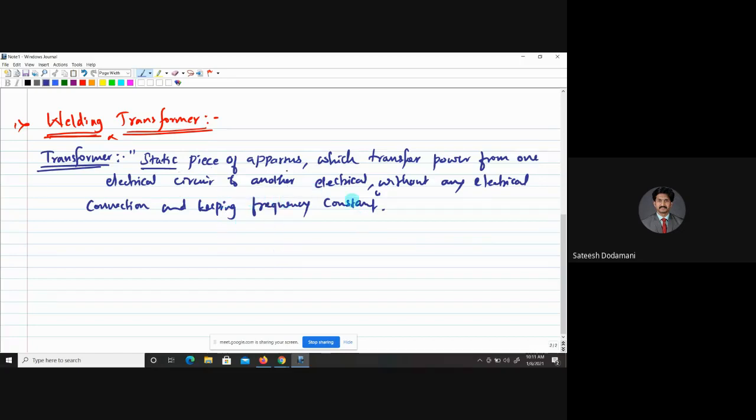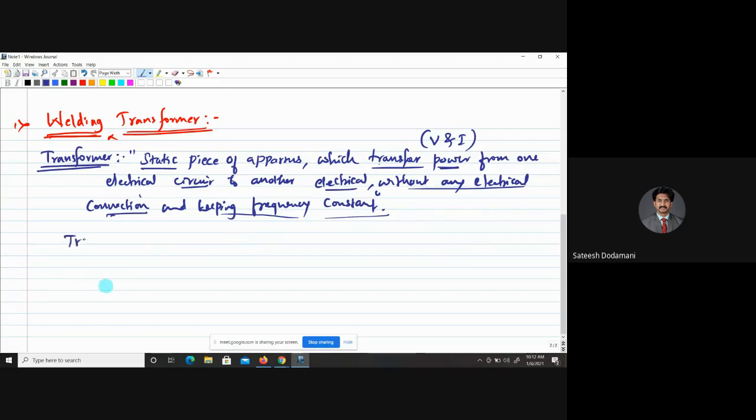So this transformer transfers the power. Power means which includes voltage and current, from one electrical circuit to another electrical circuit without any electrical connection between those two circuits, and keeping the frequency constant. This is what the transformer is.